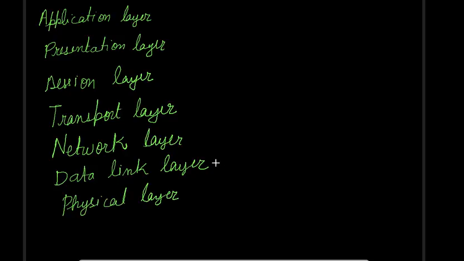The data link layer is further subdivided into two sub layers. One is the logical link and second is the MAC. So this is how the layers are divided in the ISO OSI stack. So we'll just study about these layers in brief and just get the idea about what each layer means, right?